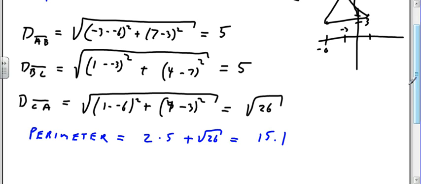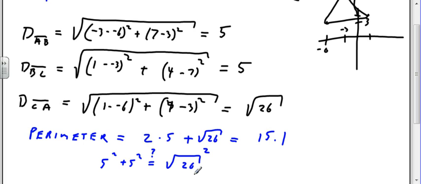Is it a right triangle? It's obviously an isosceles triangle because I have 5 and 5. So now the issue is, can it be a right triangle? This guy's the biggest side. Is 5 squared plus 5 squared equal to the square root of 26 squared? If it were, then I'd have a right triangle.